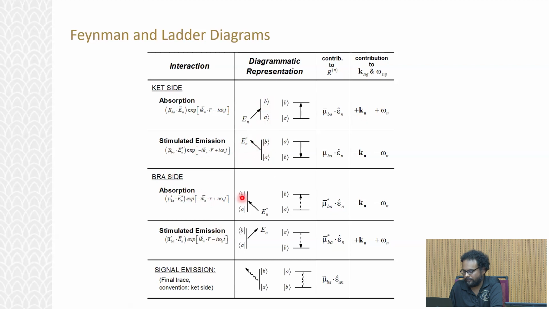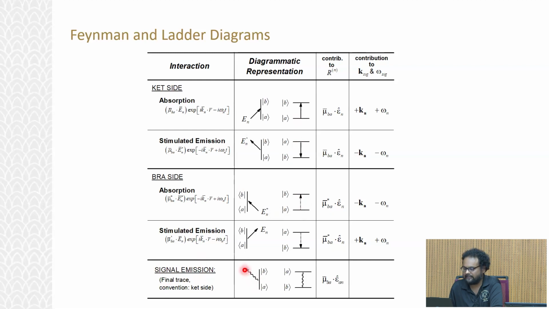You could also act on the ket side or the bra side. Typically, in the ladder diagram, if you're acting on the ket side, you're representing this as a solid line, and acting on the bra side, you're showing it as a dotted line. And signal emission should always happen on the ket side. That's a convention.